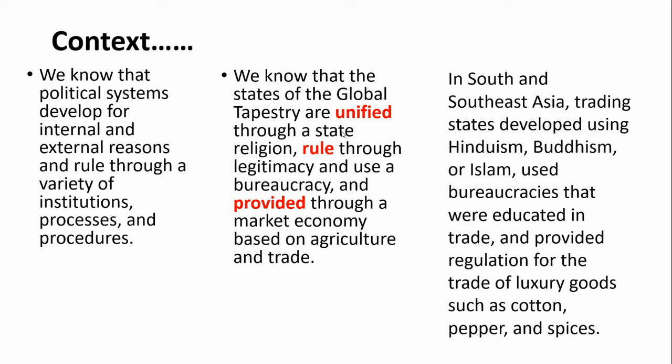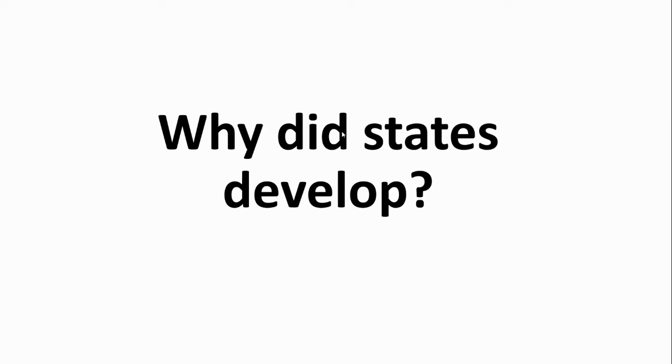They're going to have a bureaucracy that is very educated in trade, and they're going to provide their market economy through this big trade of luxury goods, such as cotton, pepper, and spices. So as we go through, think about this context, and it will guide you to what you need to write down. Moving on, why did states develop?